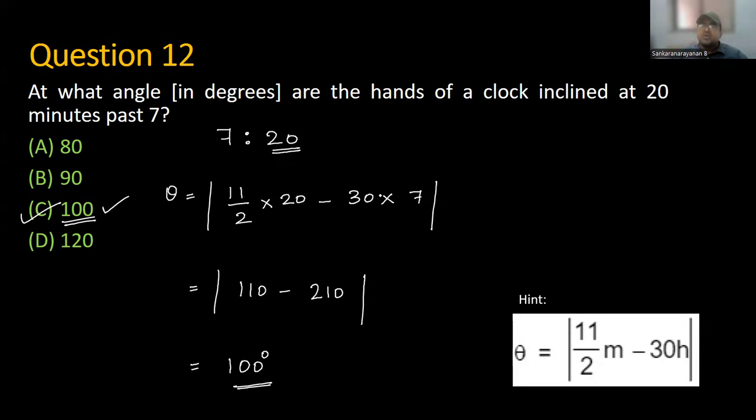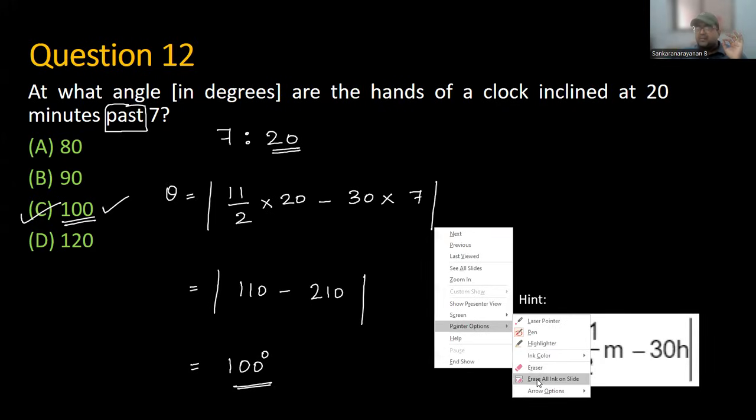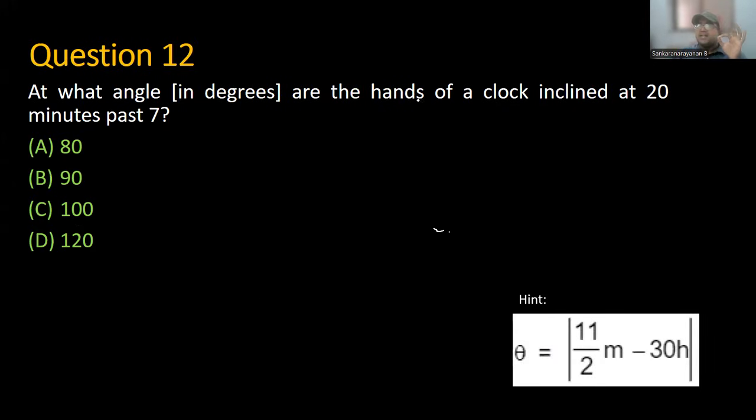All right. So for this question, we are considering 20 minutes past 7. Suppose in the question, it was worded like, at what angle in degrees are the hands of the clock inclined, 20 minutes, instead of past 7, let me say 20 minutes prior to 7.